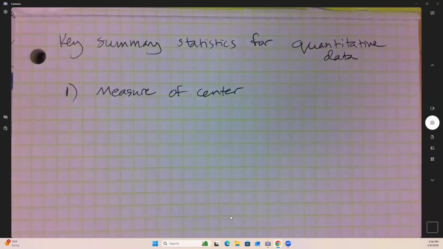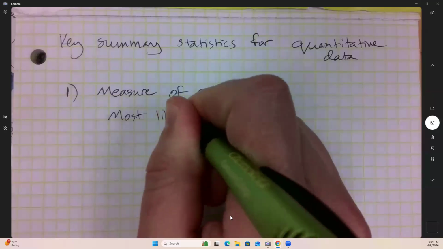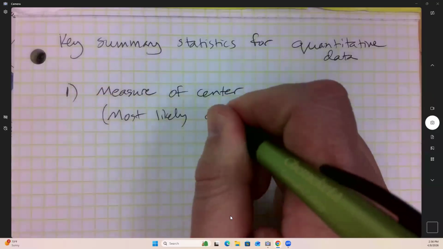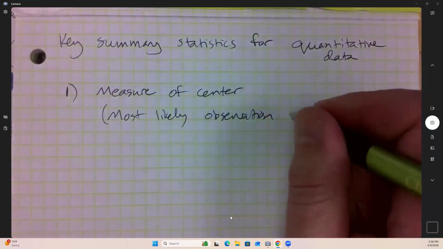Knowing the center of data is really valuable because that, more than anything else, tells you roughly where that data lives, and it gives you an idea for the observation you would most expect to find. So this is the most likely observation. It's not always the center, but it usually is.